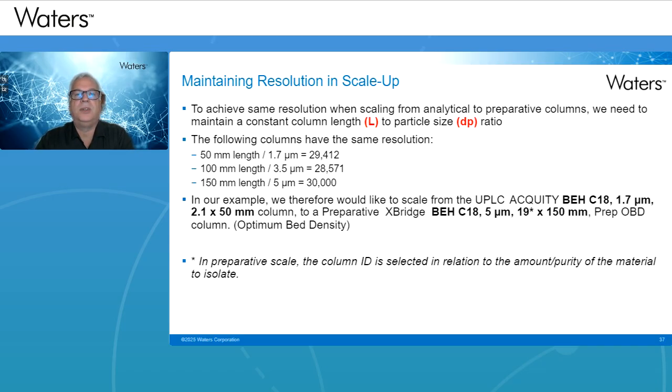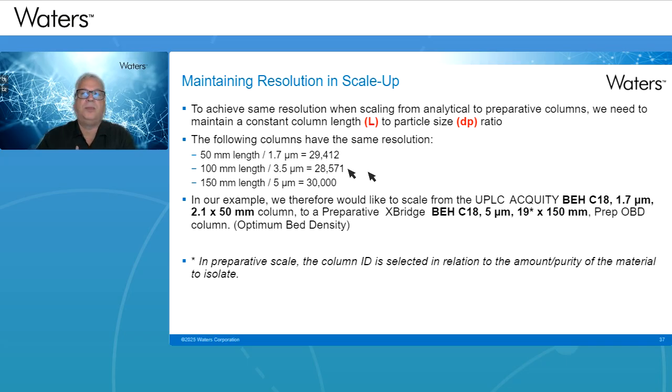So the first thing to do is to look at the L over dp ratio. We were using a 50 millimeter column with 1.7 micron particles. We get an L over dp ratio of 30,000. And we have these two choices: either a 3.5 micron by 100 millimeter long, or a 5 micron with 150 millimeter long. If you are in the lab looking for throughput, you will probably try to go with the first one.